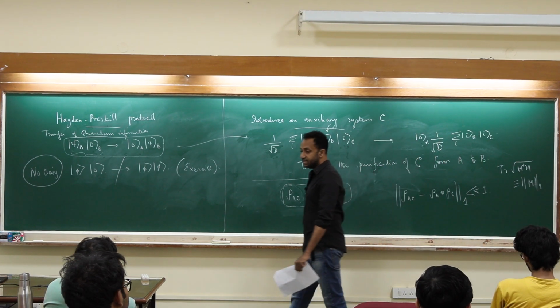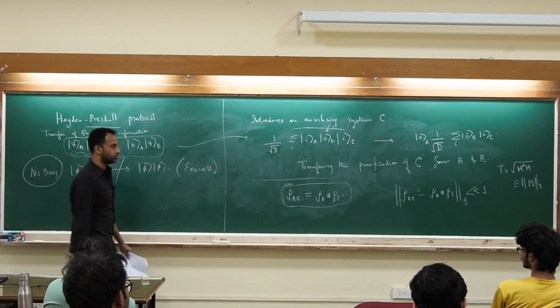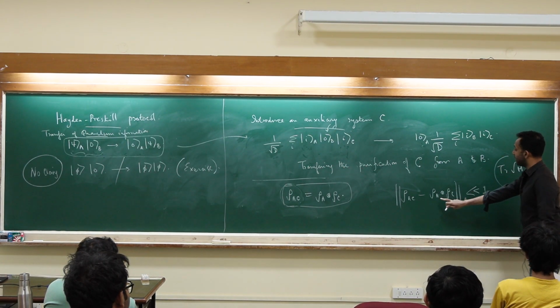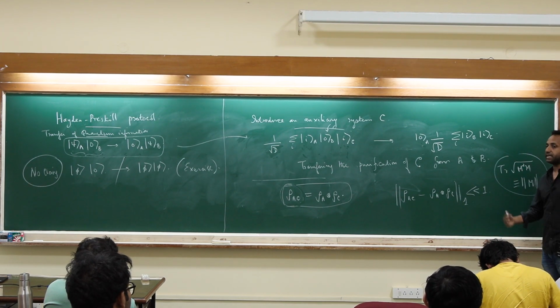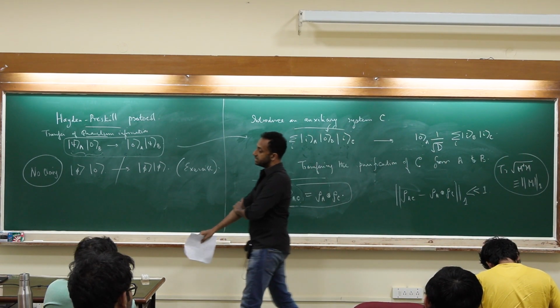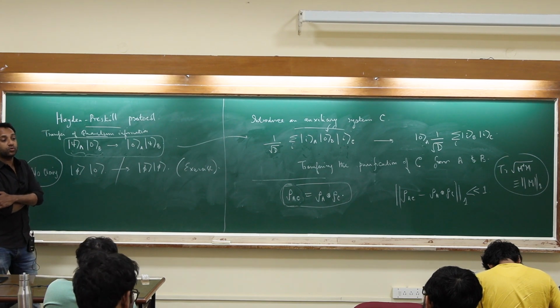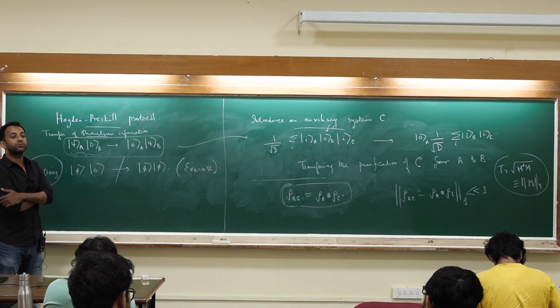I said that this norm is interesting because you can show, which we don't, that if this happens to be the case for a difference of two density matrices or states, any states, then no observation or no measurement can distinguish the states.